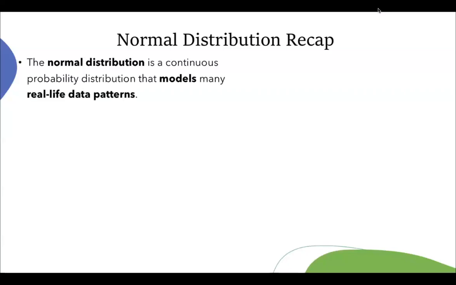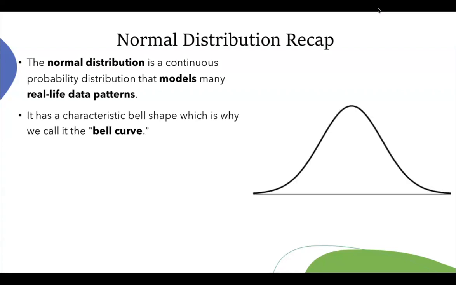Let's get started recapping what we know about the normal distribution. It's a continuous probability distribution, so it's used for continuous variables. It models many real-life data patterns. So by real-life data patterns, we see the normal bell-shaped continuous distribution with many things like IQ and blood pressure and height and weight.